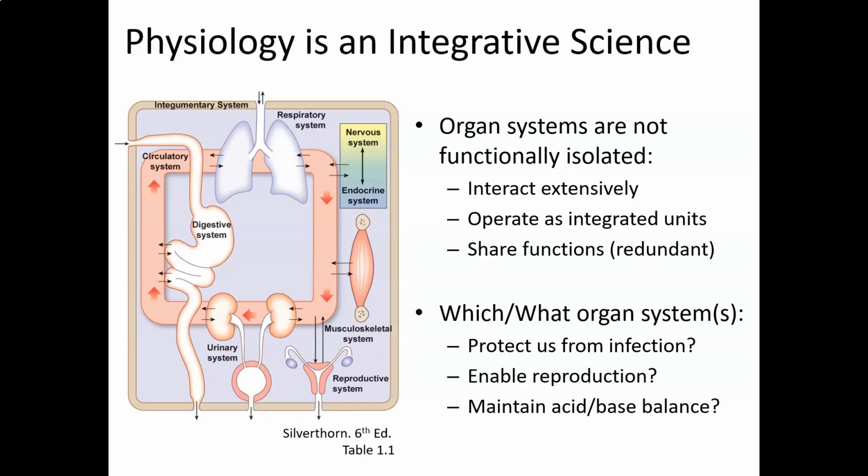We'll see in the first week of lab that CO2 acts as an acid in your blood. So when you breathe in CO2, it has a chemical reaction when it hits the water in your blood, which is at least 50 and probably closer to 60% water. The CO2 reacts with the water and forms something called carbonic acid.